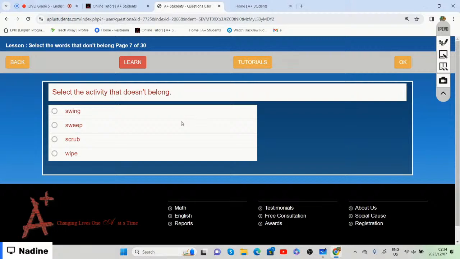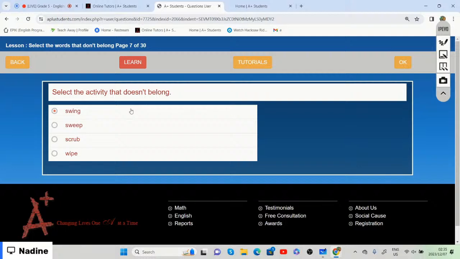Swing, sweep, scrub, wipe. All right, so basically we will select swing. So swing is a word that does not belong.